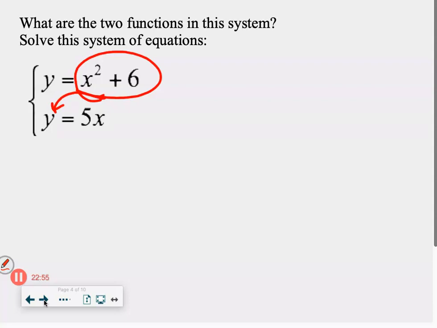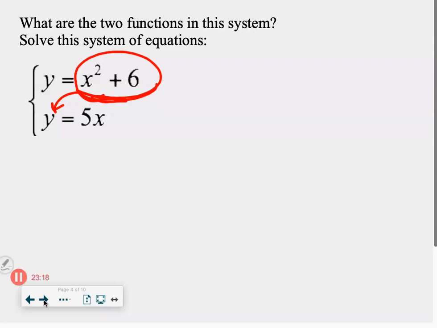So take a moment, replace the y in the second equation with x squared plus 6. Everyone have that?